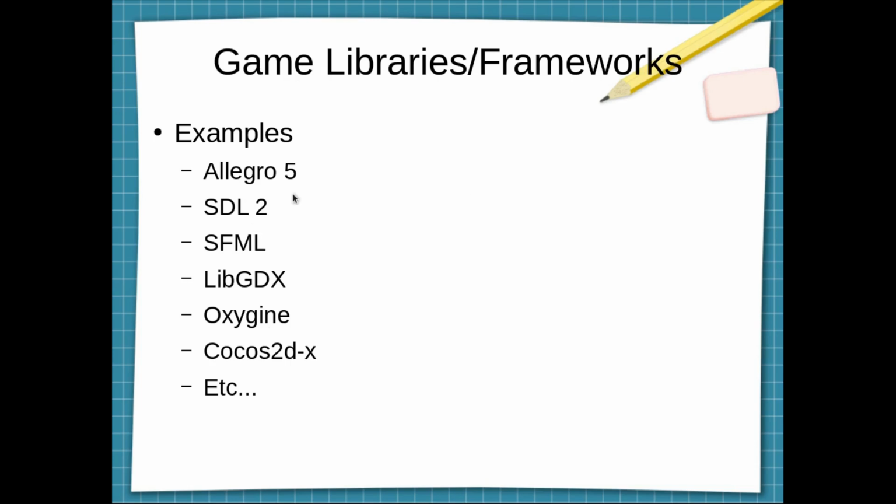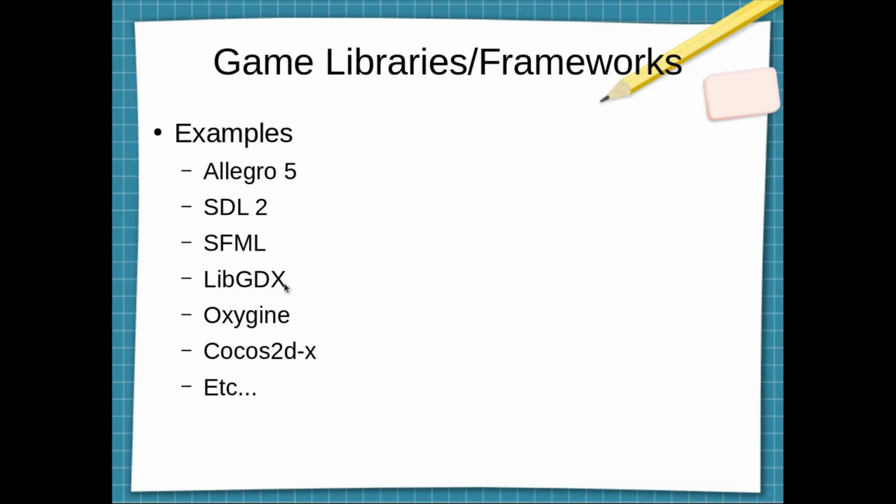Some of these libraries, like Allegro 5, you can use in C or C++. I think it has bindings for other programming languages, same as SDL2 and SFML. These are all C and C++ libraries. libgdx is a Java game framework.